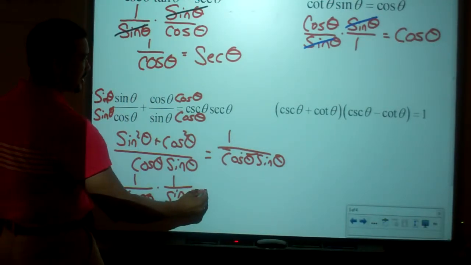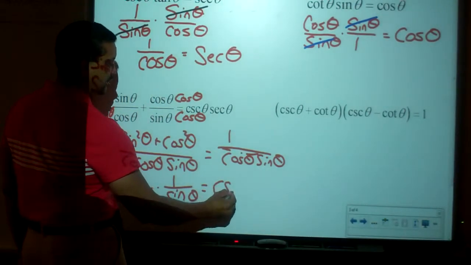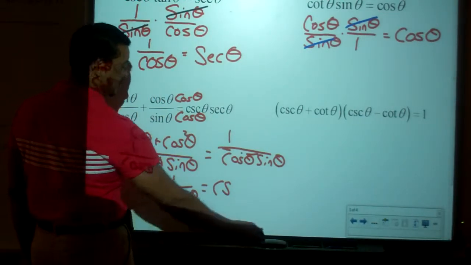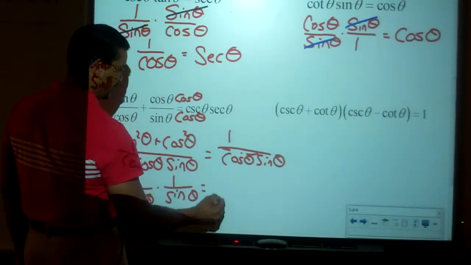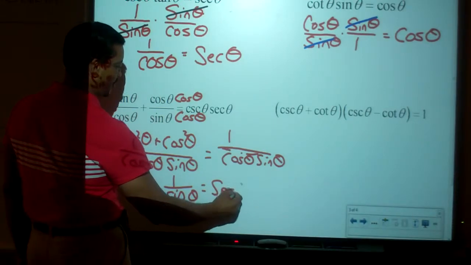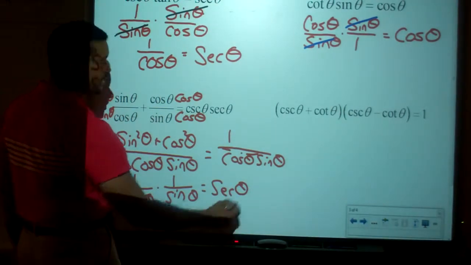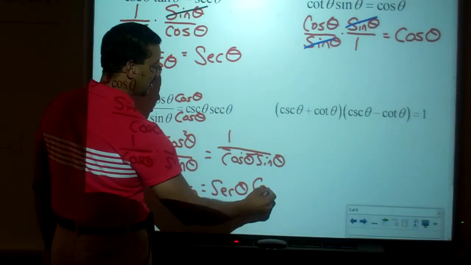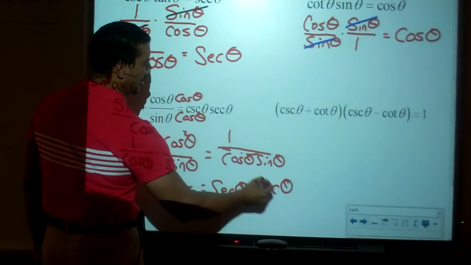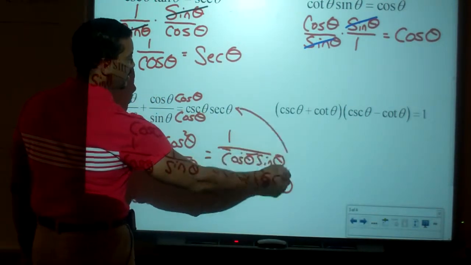Well, 1 over cosine theta is secant theta, and 1 over sine is cosecant theta, which is what we were trying to find.